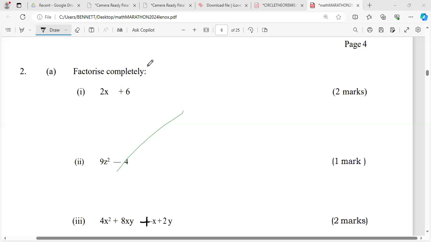Alright, so it's factorize completely, 5 marks. We can just look for what's common to both terms. That will be 2. 2 is the highest common factor. So you take out the 2 and then bracket off, because x is not common to the 6, only to this one.